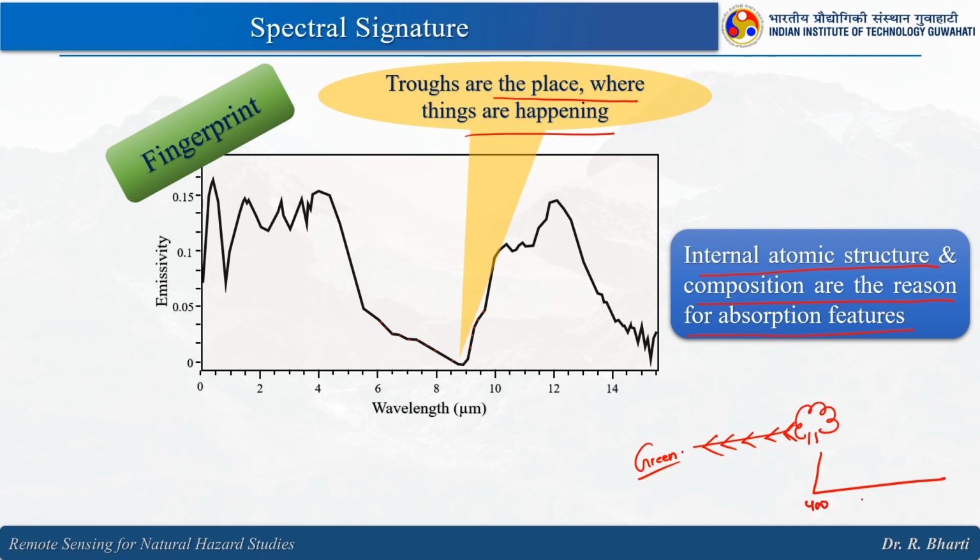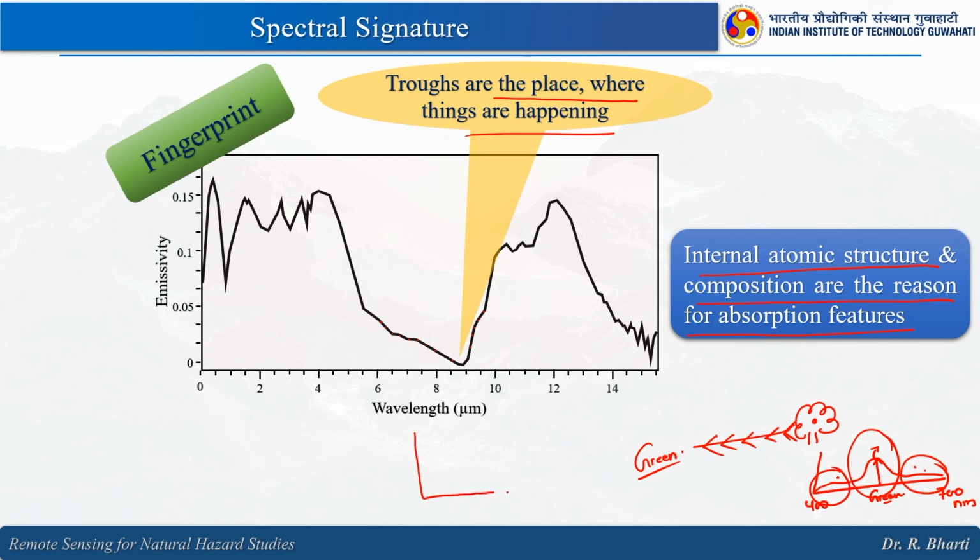So, let us talk about 400 to 700 nanometers, and we find that it has reflectance in the green region which is higher compared to blue and red. That means this particular target is not interested in green wavelength, but it is interested in red and blue.